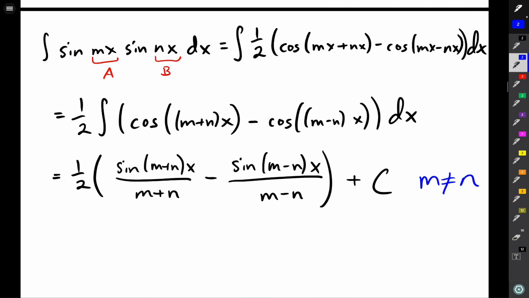If m were equal to n, then we would be back in that earlier scenario.